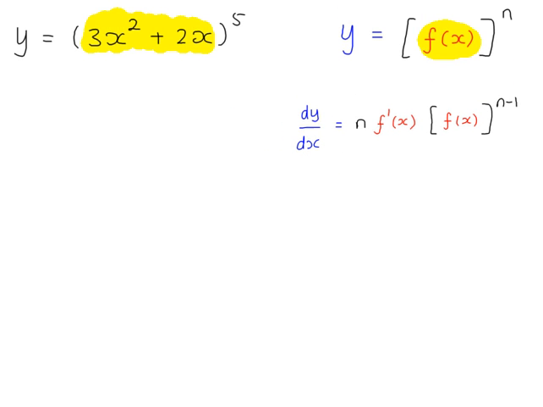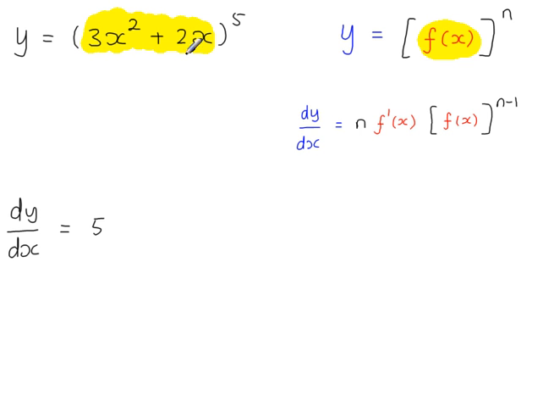So applying this to this, we have dy by dx is equal to n, which is 5, times the derivative of what's inside the brackets, that inside function there.